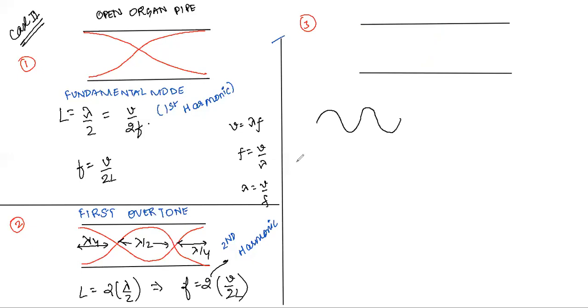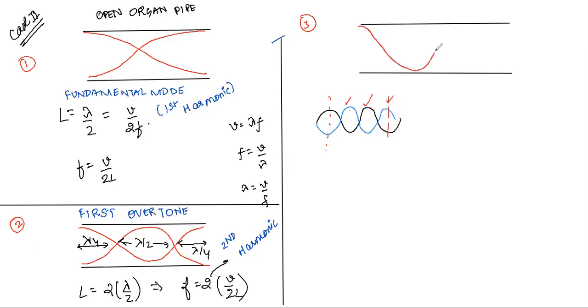Now, next one. Let's start from here. This is second, this is third, this is fourth. So we have two mountains or two humps coming in between. We'll start from here.